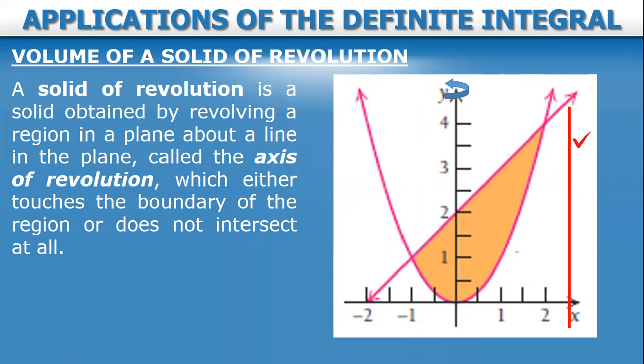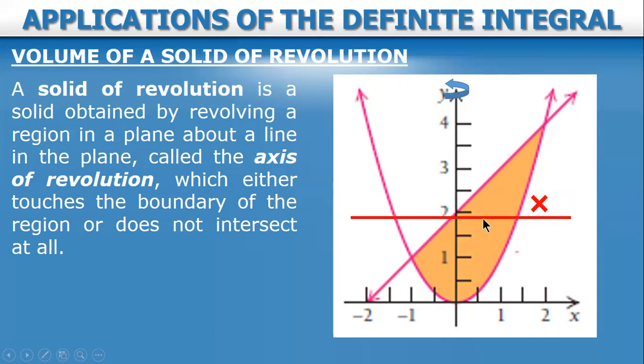So those lines which intersect the region are not possible. You cannot revolve the region about those axes of revolution which intersect the region, like this one.